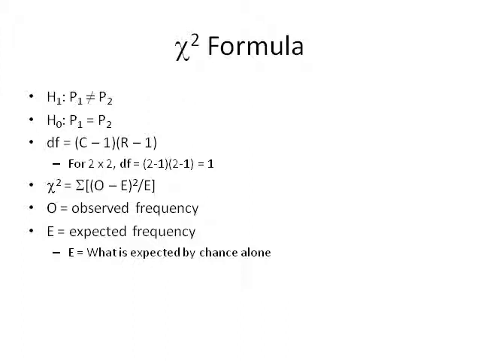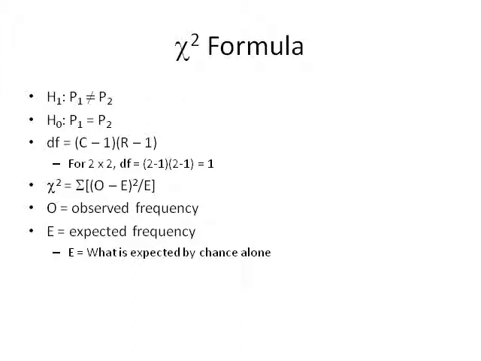O is observation, E is expected. Thus, the numerator of the chi-square evaluates the effect of treatment by squaring the deviation of what we observe from what we would expect if the null hypothesis is true. Thus, the larger the gap between the observed and expected, the more likely the null hypothesis will be rejected.